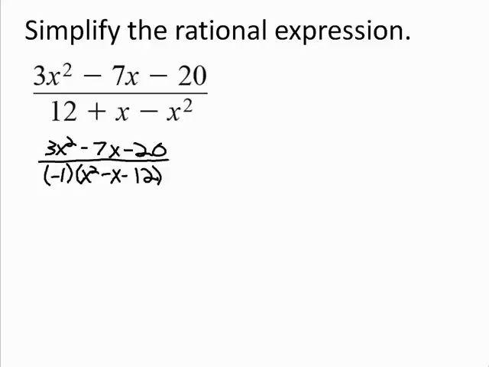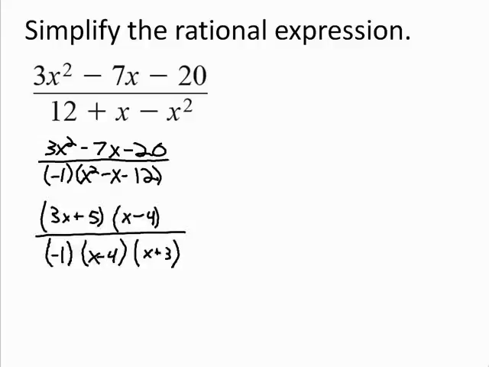You get 3x squared minus 7x minus 20 divided by negative 1 times the quantity x squared minus x minus 12. 3x squared minus 7x minus 20 can be factored into 3x plus 5 and x minus 4. x squared minus x minus 12 can be factored into x plus 3 and x minus 4. There is an x minus 4 in both the numerator and denominator, so they cancel out. You are left with negative 3x minus 5 divided by x plus 3.